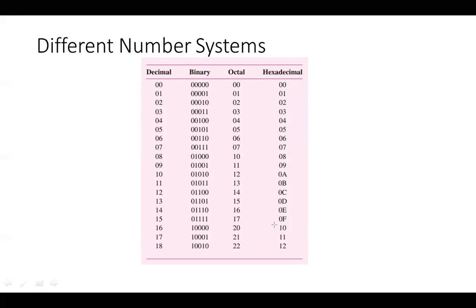Then it is 1, so it is 10, 11, 12, it goes on up to 1F. After 1F, the next number will be 20, 21, and it goes on until 2F. Like this the hexadecimal system will be numbered.